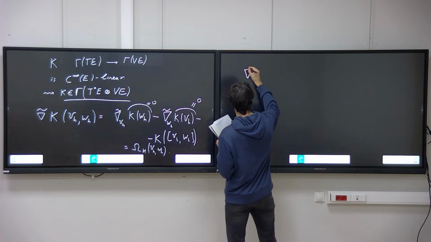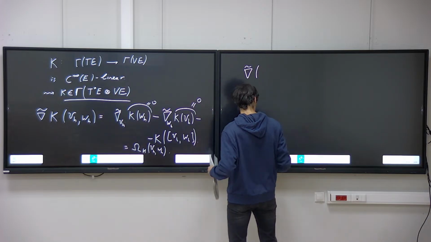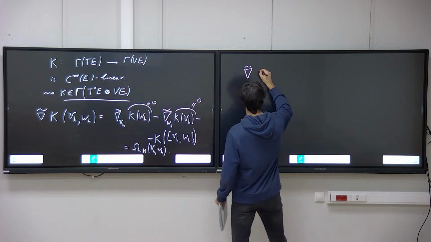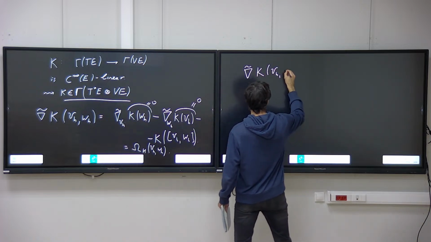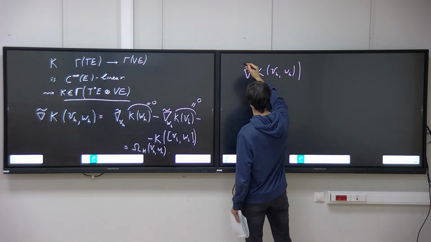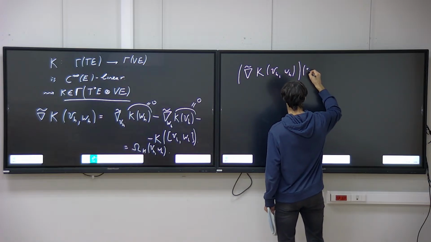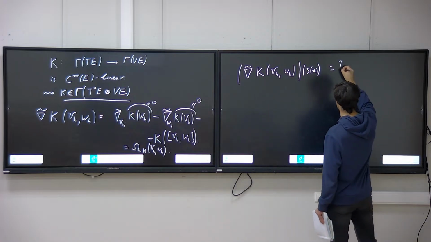So I need nabla tilde of nabla tilde K VH WH. Well, this is a section, so I can evaluate it at the point s of x. So the question is, what is this guy?